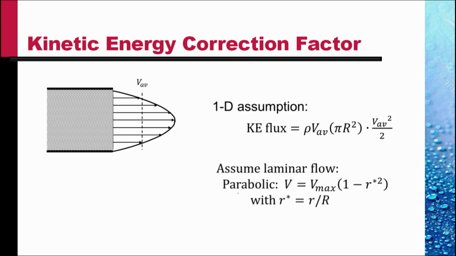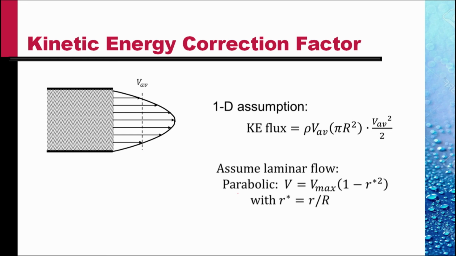So, V average, VAV, is the average throughout the pipe. The mass flow rate would be rho V average times pi R square, and then kinetic energy per unit mass at average velocity is taken as V average square divided by 2. So, this is the kinetic energy flux with one-dimensional assumption.